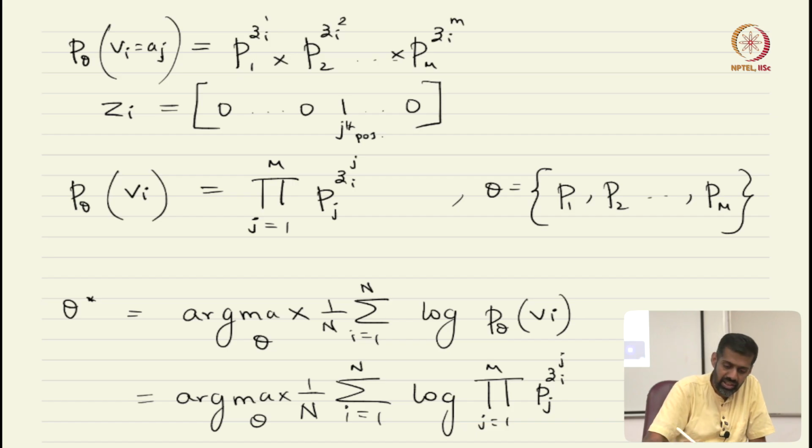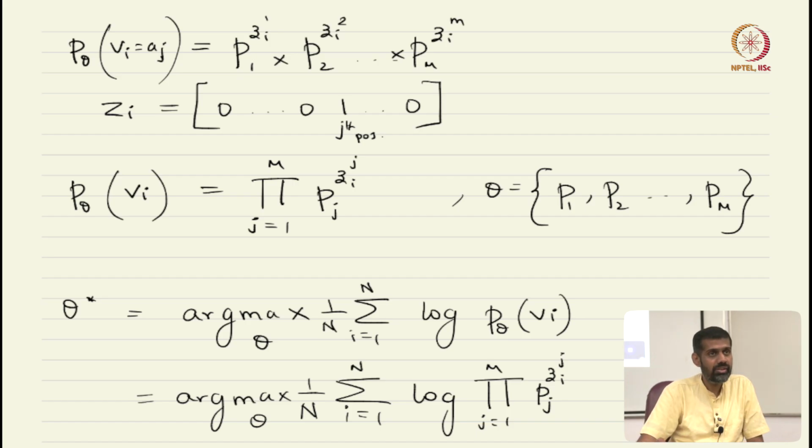So P theta of Vi is given by the product of j equal to 1 through m Pj to the power of Zij.